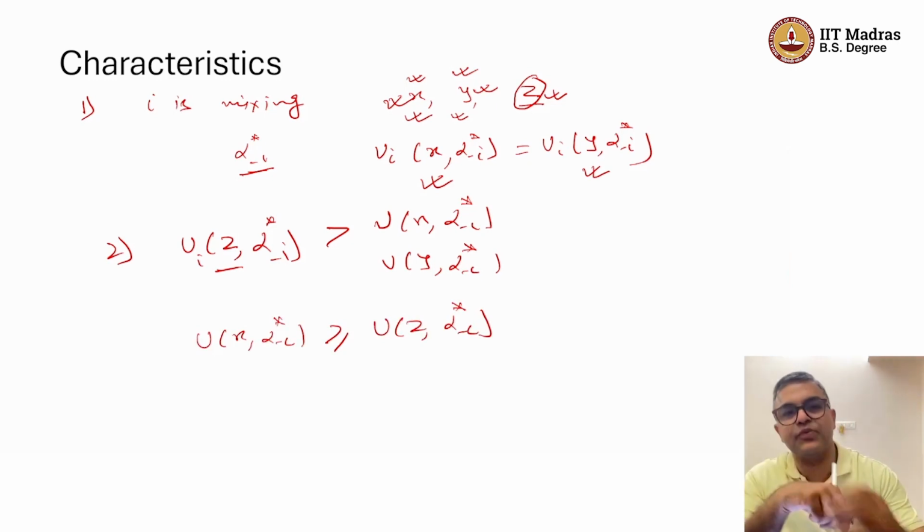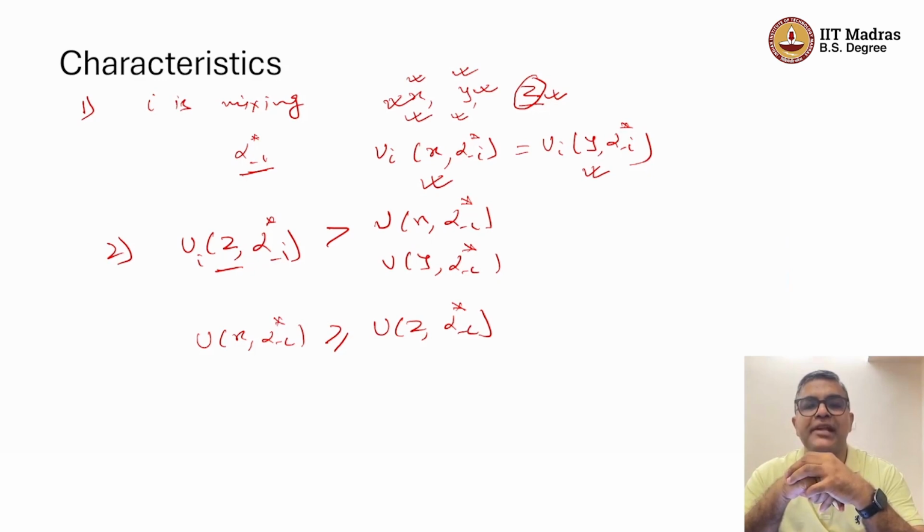These two things we have to keep in mind, and these two things will help us obtain Nash equilibrium in mixed strategy. Let me repeat once again: the pure strategies which have non-zero probability weight in the Nash equilibrium mixed strategy must be among the best responses, and they all would be giving exactly the same payoff, because if one is giving more than the other, then what's the point of using the other?